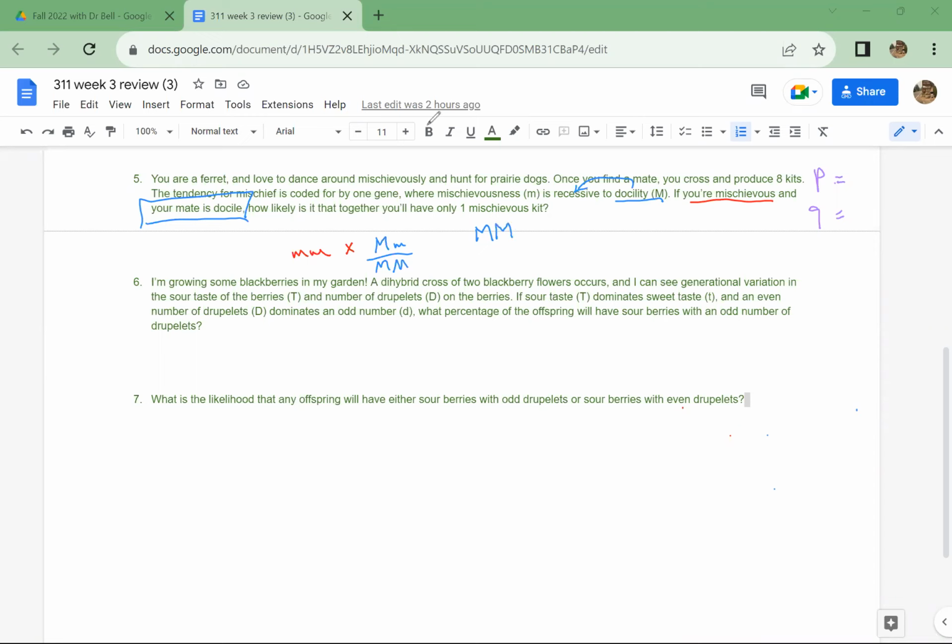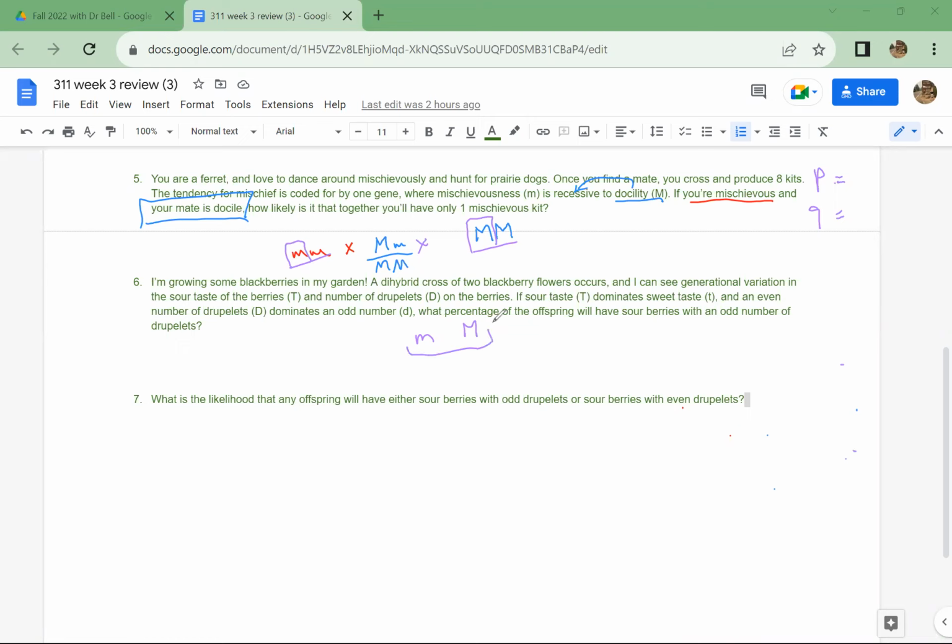So when we make this cross between you and your mate, obviously you can only contribute a recessive m, and your mate can only contribute an uppercase M because that's all they have to give. So in this case, the offspring is uppercase M, lowercase m. And what do we notice?